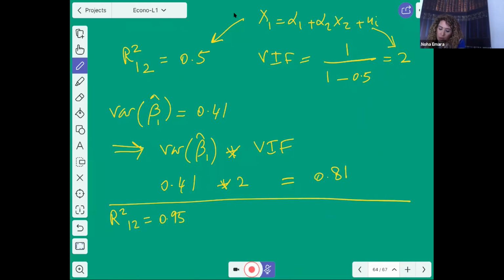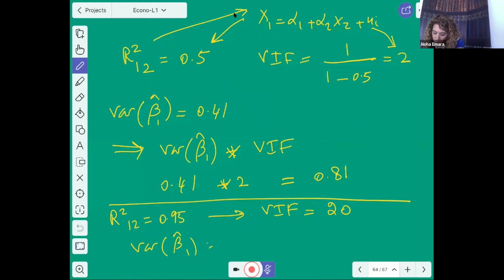So when I say R square 1, 2, it's the R square of this regression of x1 on x2. If it's 0.95, then the VIF is 1 over 1 minus 0.95, so I have a 20 times inflation. The variance of beta 1 would be 0.41 inflated 20 times, which is equal to 8.2.